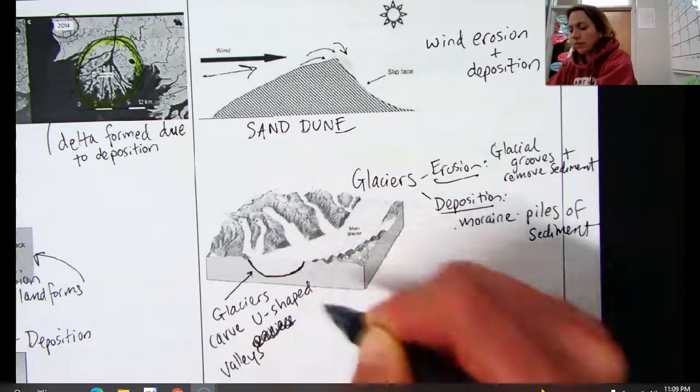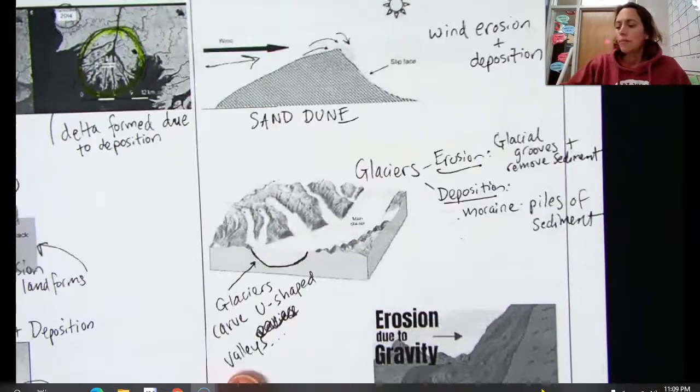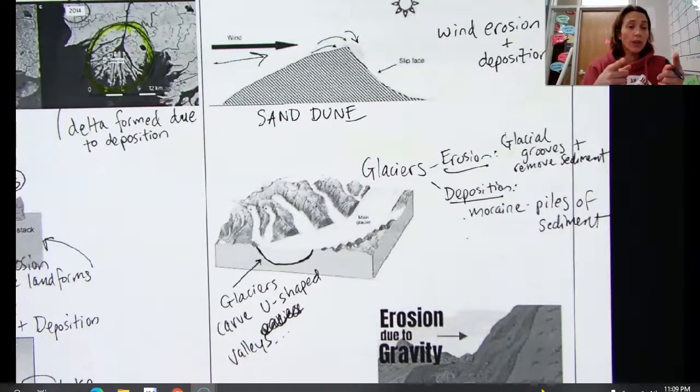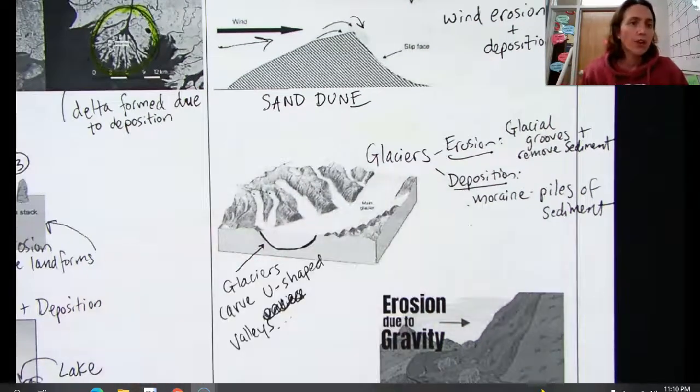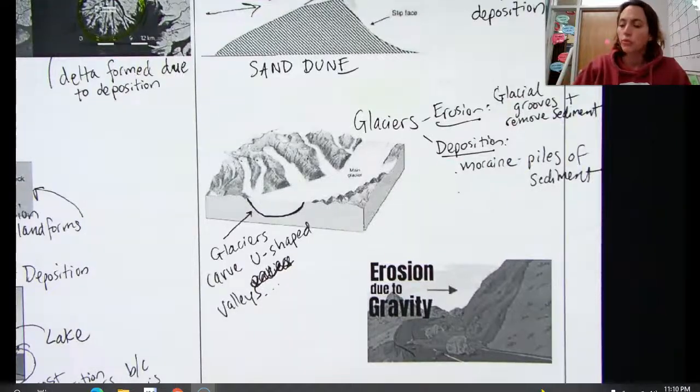Spelling problems. Alrighty. U-shaped valleys. Rivers, on the other hand, carve V-shaped valleys. So U-shaped glaciers, V-shaped rivers. You can add whatever else you want for that. You will see questions about glaciers.